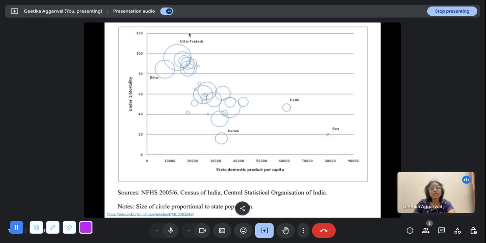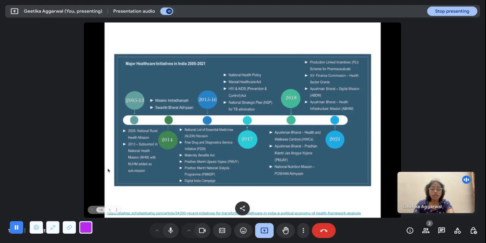The under 5 mortality is much larger for Uttar Pradesh and Bihar, right? And their domestic product per capita is also much lower. So these are some things that play a role, along with how much the state has and how much they're investing into the public health domain. There are different factors that impact how the people of these states are faring.